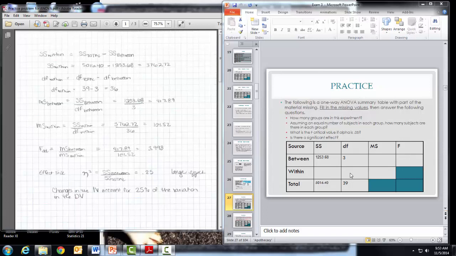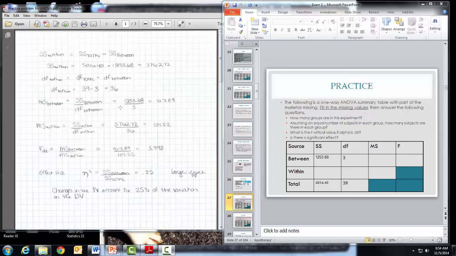Alright, so once we have all of these cells filled in, we know we can figure out our mean squares. Mean squares between is going to be a calculation of between sums of squares divided by between degrees of freedom, and that's going to give the value that goes here in the mean squares between. And so over here on my worksheet you can see I've written out that formula for mean squares between, and now I can just plug in my numbers.